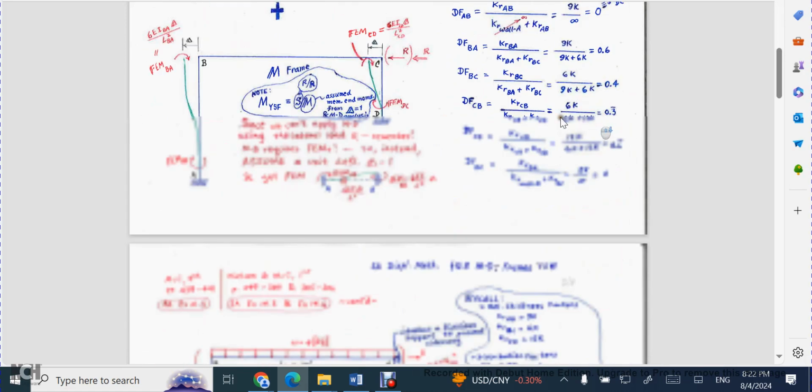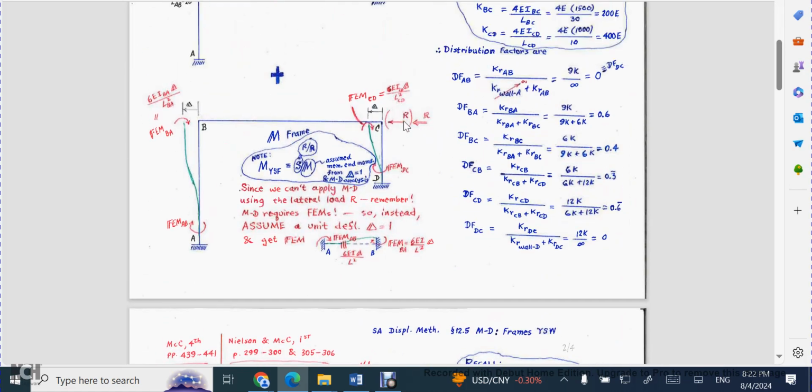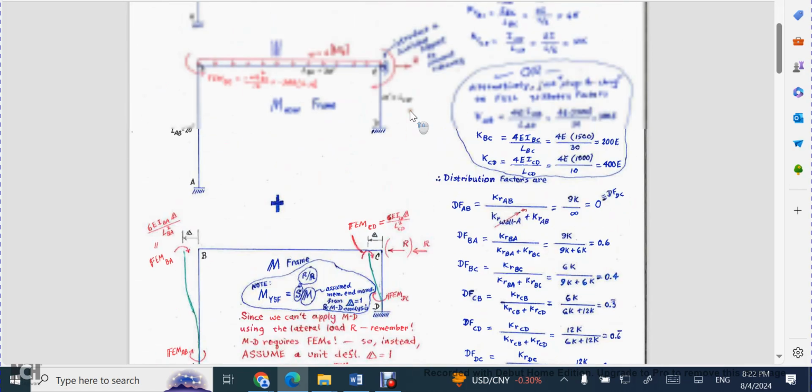In that picture, it would be so nice if we could just take that reactive force, R, and reverse it. But there is one complication that disallows us from doing that so easily. The complication is that we do not know how to apply moment distribution to analyze for a joint force like this R. So instead, what we do is we impose some deflection.